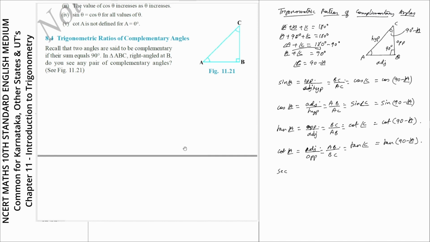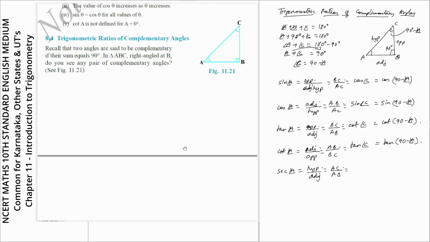Similarly, secant of angle A, with respect to angle A, is hypotenuse divided by adjacent side. So that is AC by AB.